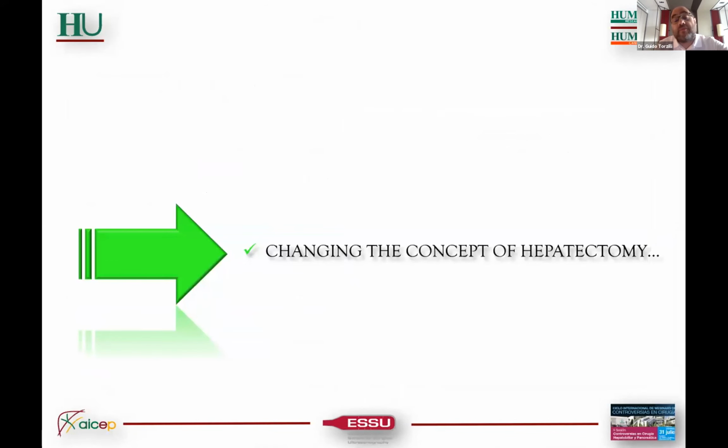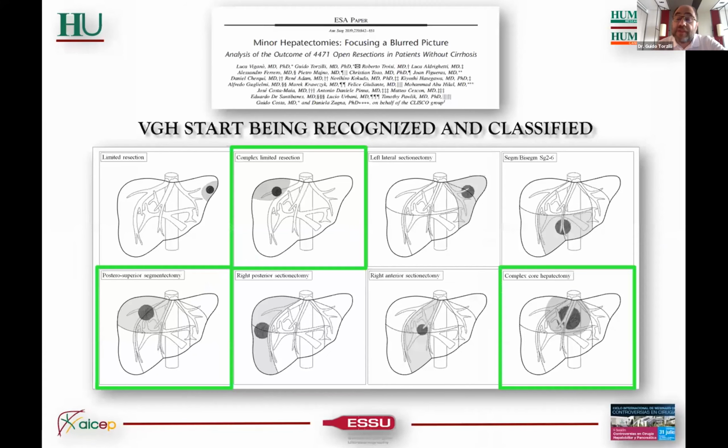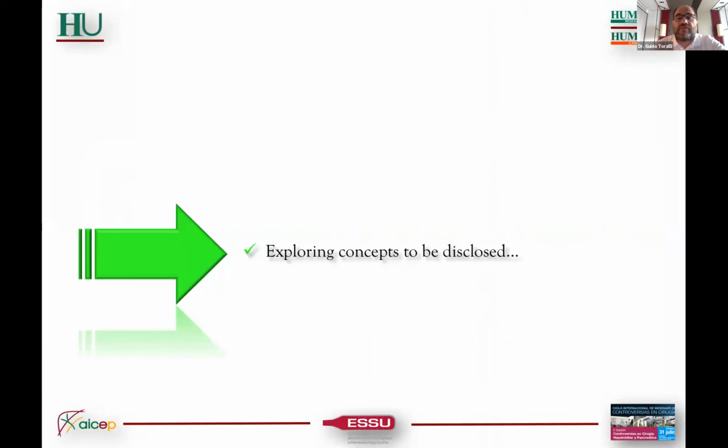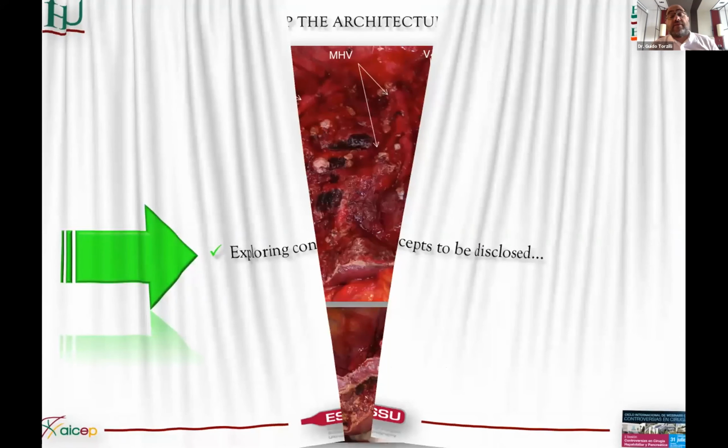We have now proposed a new categorization of hepatectomy in which for the first time the liver tunnel and some other complex core hepatectomies that we have proposed in recent years have been introduced. And this is what we are exploring. We are exploring something different.